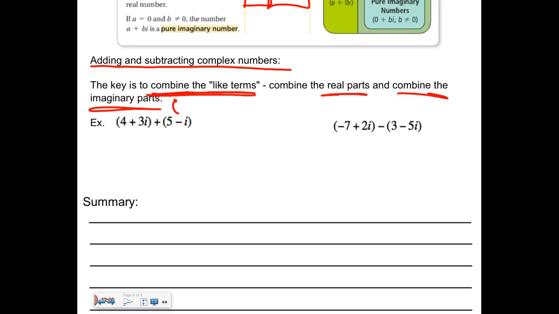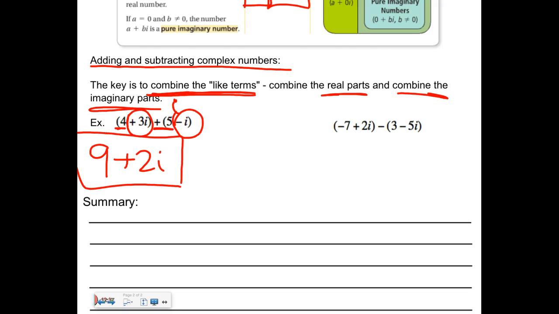If I look at this first example, I see I have a plus here, so that means we're going to add these 2 things together. Reals go with reals, imaginaries go with imaginaries. So I have 4 plus 5, so we're going to have 9. I have 3i and negative i, so when I combine those, I'm going to have 2i. We cannot combine them because we have reals and i's. They're not like terms, so that is our answer.